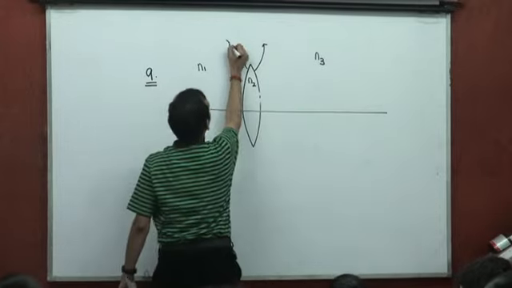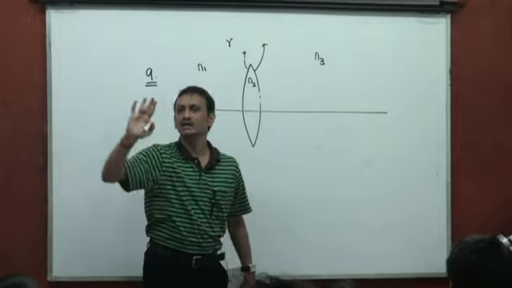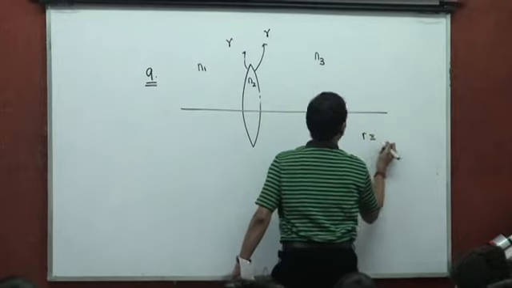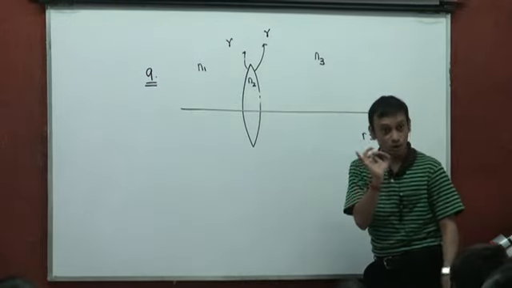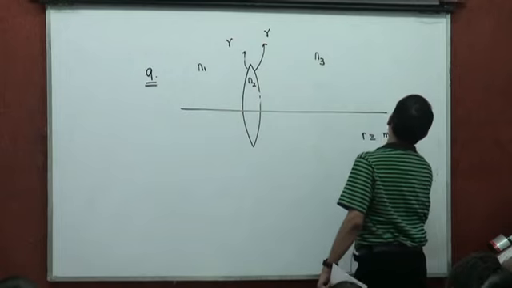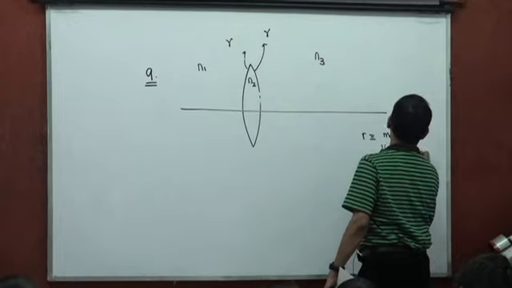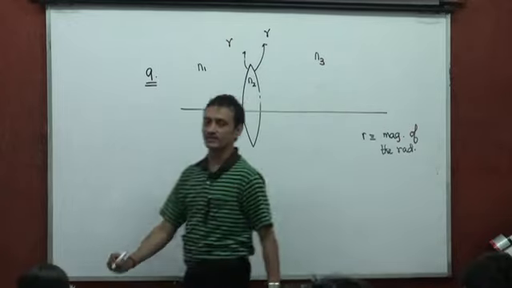Let's say R is the magnitude, not algebraic, of the radius of curvature of each face.